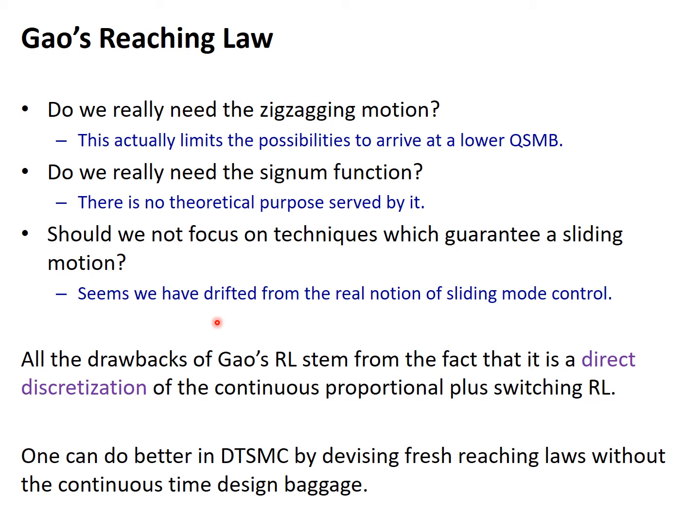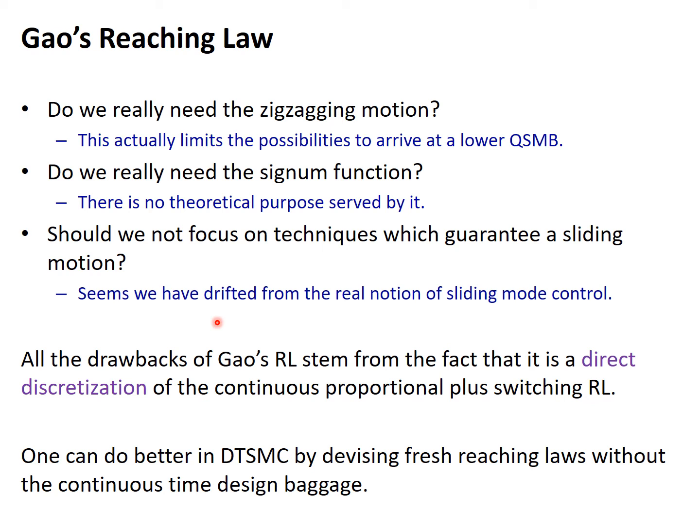The next question is, we must focus on how we can guarantee a sliding motion, and not simply have a discretization of existing continuous time reaching laws. So the Gauss reaching law was a discretization of the continuous time reaching law.